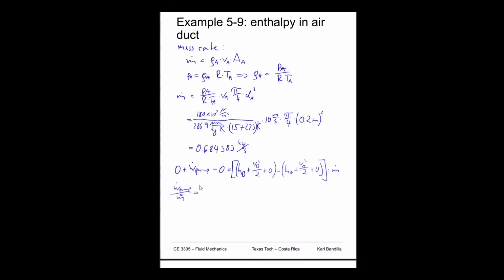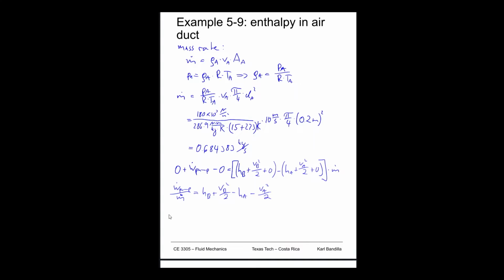We can get rid of the inside brackets there. So we'd have HB plus VB squared over 2 minus HA, and then be careful that we put a minus here, minus VA squared over 2.